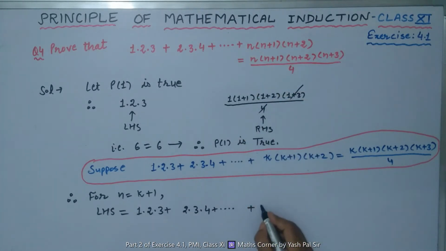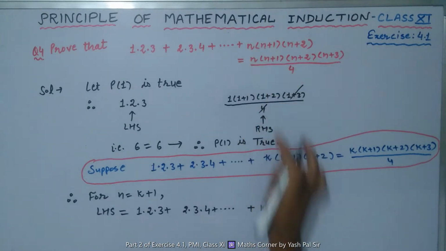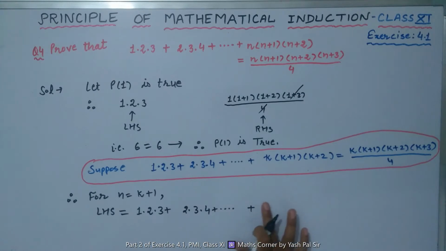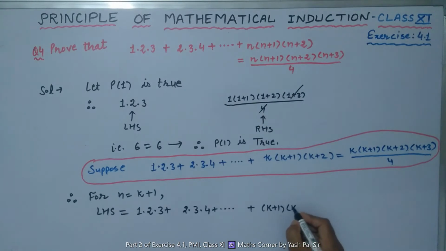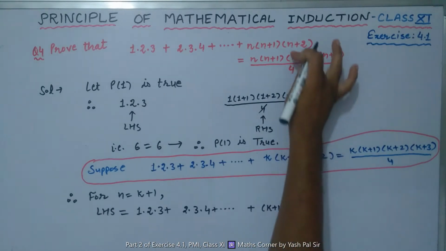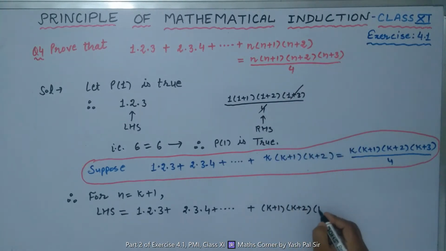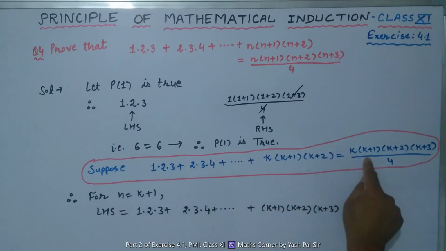Sorry, we are substituting n is equal to k plus 1. So the very first factor is k plus 1, next is k plus 2, and the last one is k plus 3. So this way we shall now use step 2, that is, this equal to this.